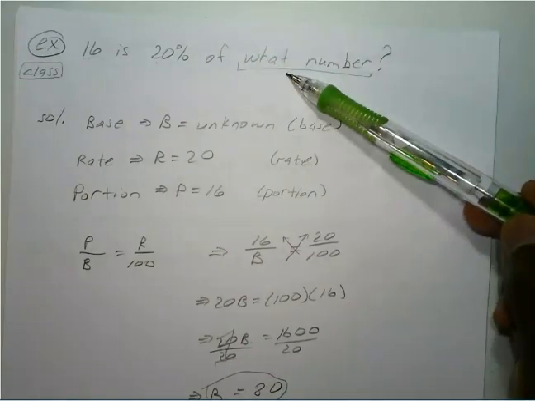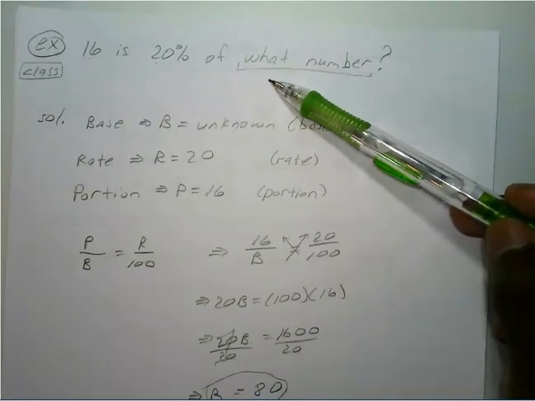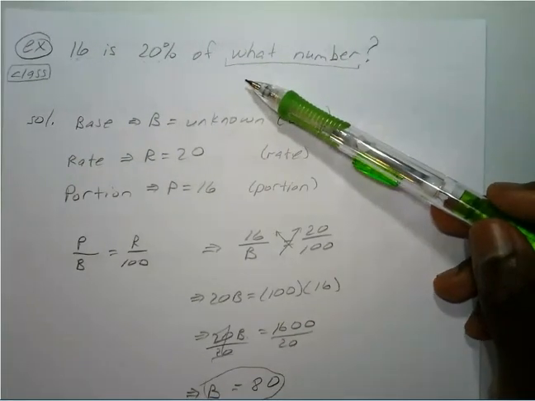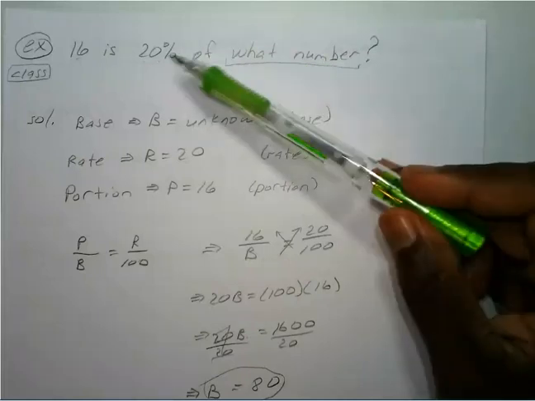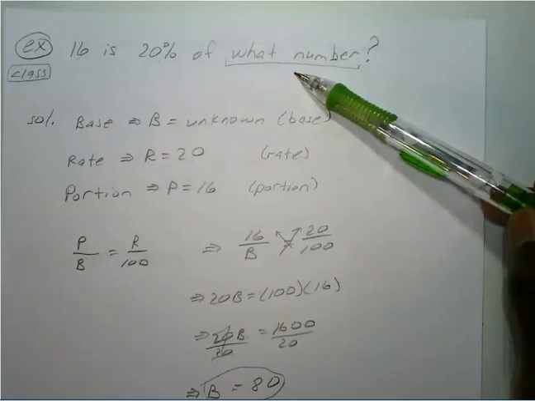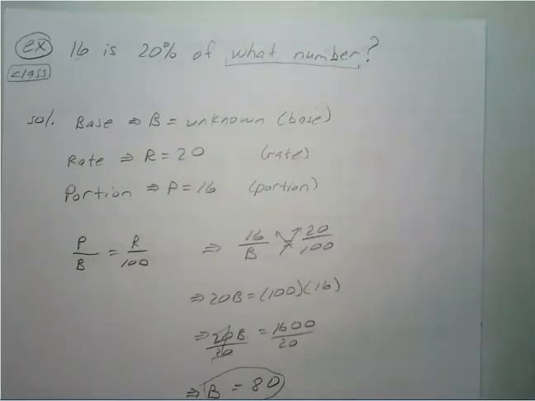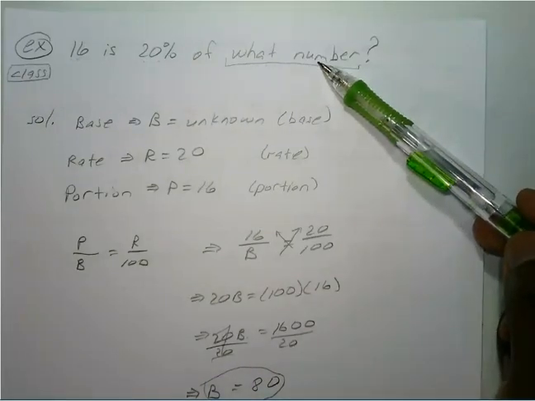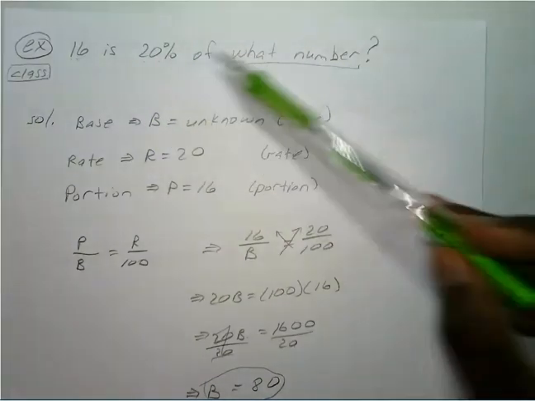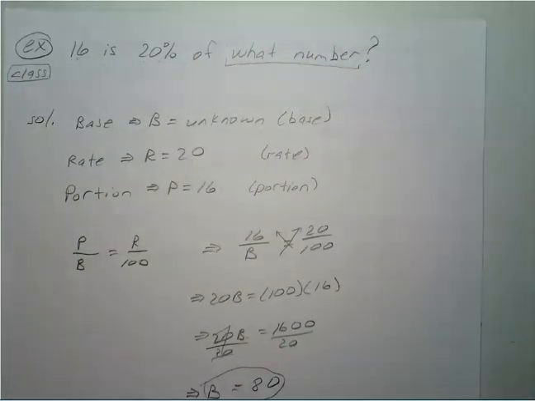If you replace your portion with that, see if it makes sense. Okay, so if you did that by mistake and this doesn't make sense when you plug in your missing variable, see, we replaced what number with 80, this makes perfect sense. So we could say 16 is 20% of 80, that makes sense.